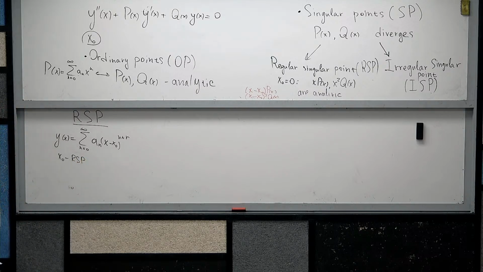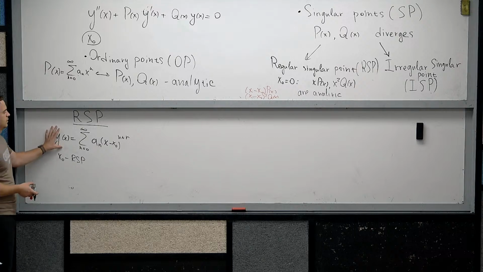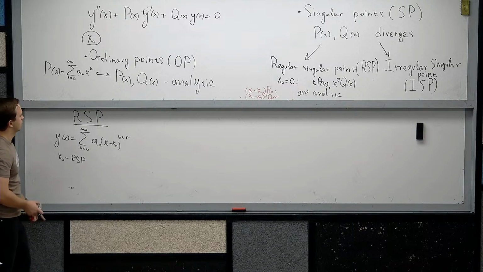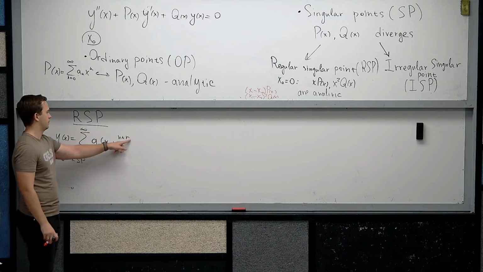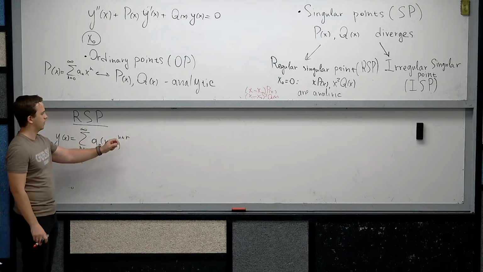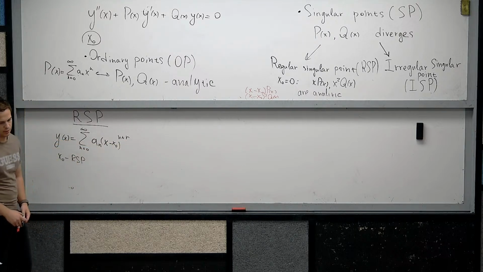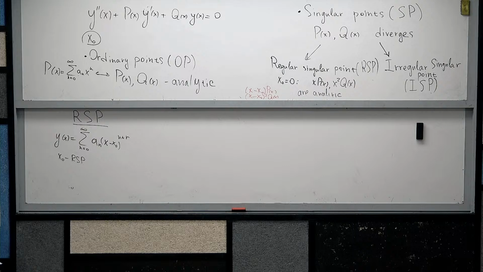The math is the same. Just take this series and plug it into the equation. Then we will obtain these two numbers for r, and there are three cases.